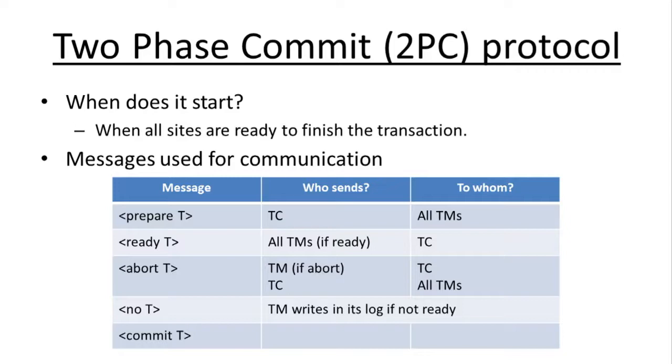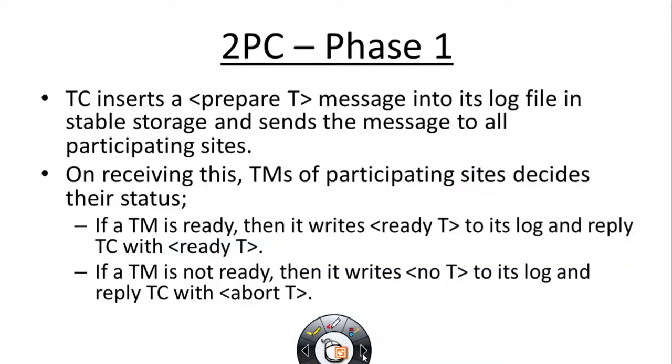Okay. Now let us see how it works. The two-phase commit protocol, phase 1. In phase 1, the transaction coordinator inserts a prepare T message into its log file in stable storage and sends the message to all the participating sites.